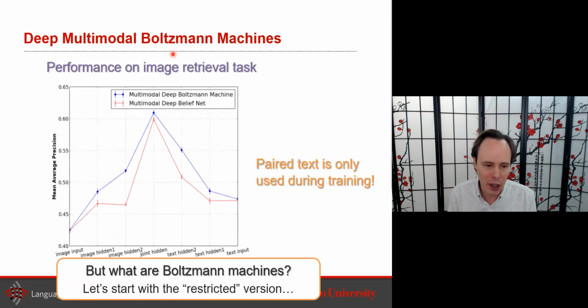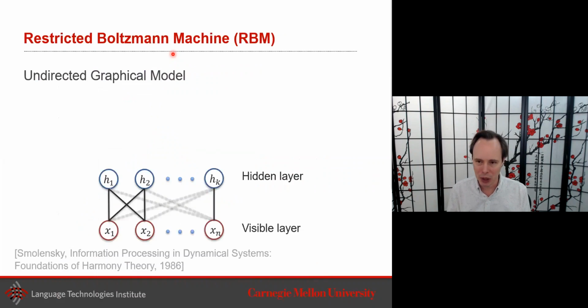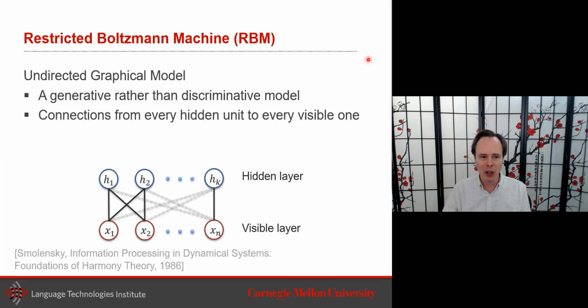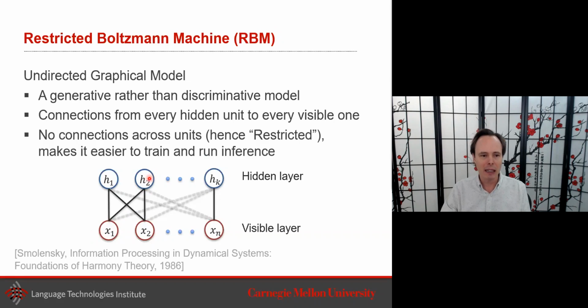But the question is, what are Boltzmann machines, and specifically what's the restricted version? So a restricted Boltzmann machine is an undirected graphical model. It is a graphical model. It's generative rather than discriminative, as I already mentioned. The connections are only defined between the visible and hidden units. It is not defined between units within the same layer. Within a layer, I don't have connections.